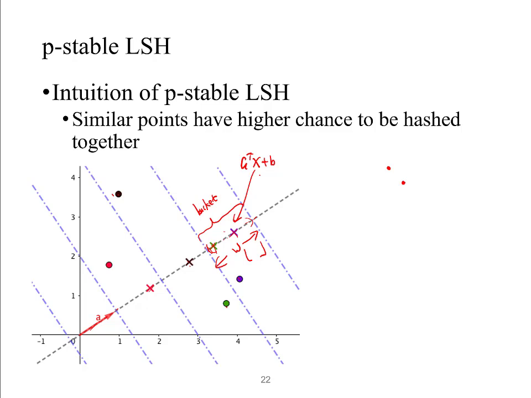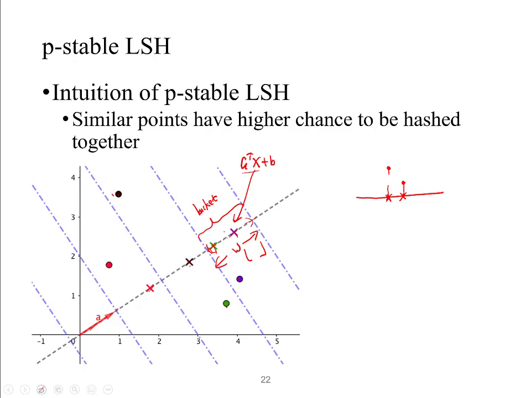Obviously, it's more like existing for the purpose of the proof. So A is more important. It determines how the projections of these points will be organized. So if this is the A, then, I mean, it's not exactly like this, but similar to this, these would be the projections.